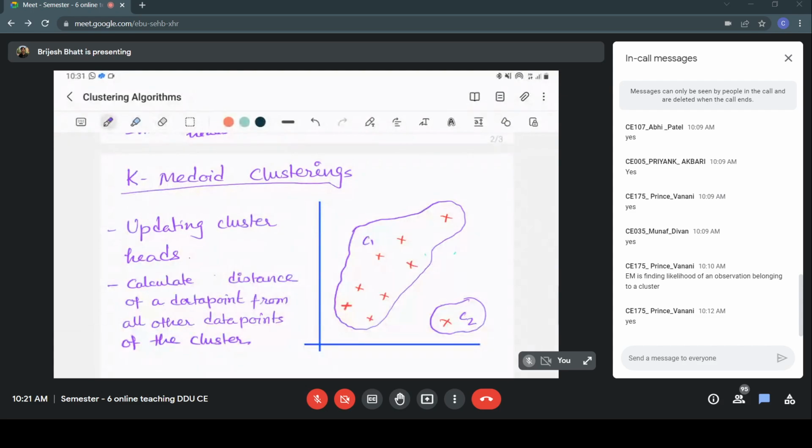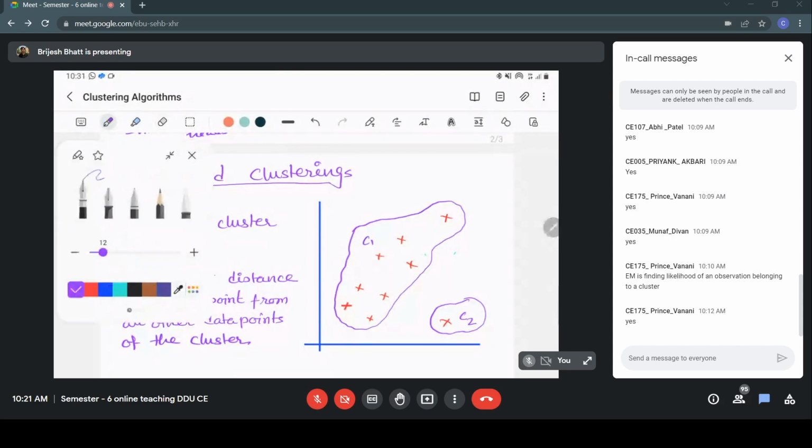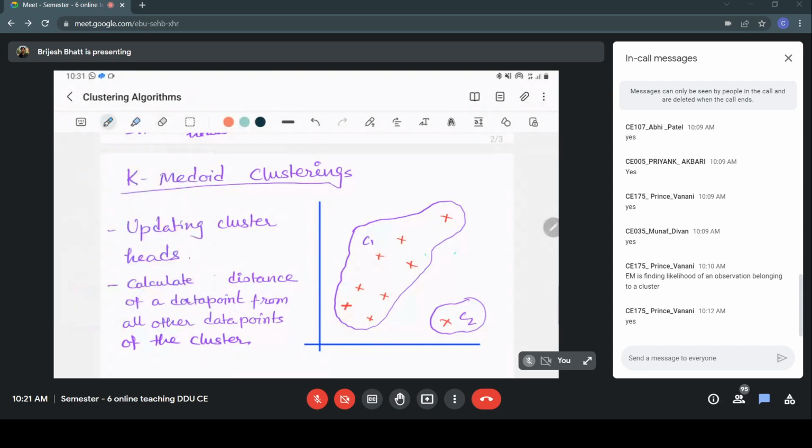So for example, when I want to update the mean, I will calculate the distance of all other points from this point, and the distance value for this data point will be the sigma of all these distances divided by the number of data points.